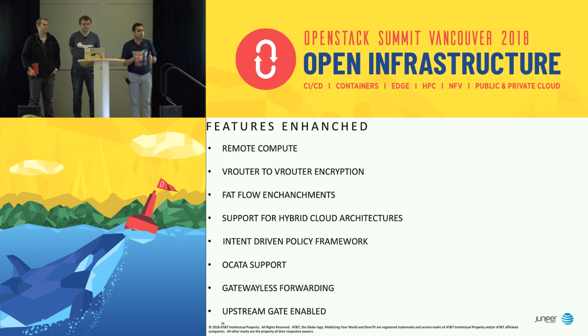We have support for remote compute, where you can run your architecture in a distributed fashion and have seamless connectivity. We support vRouter to vRouter encryption. We understand that as you go into a distributed architecture, you need to secure your traffic, so you can run vRouter to vRouter encryption.